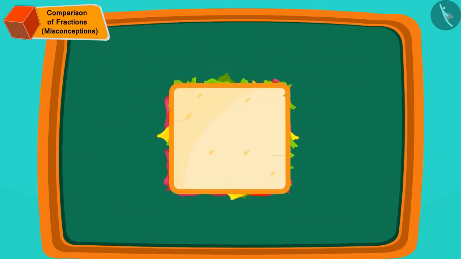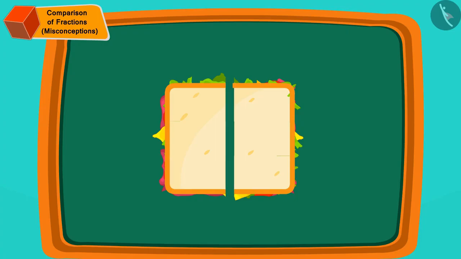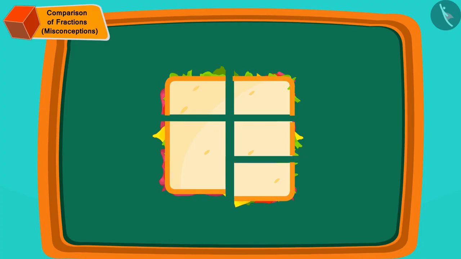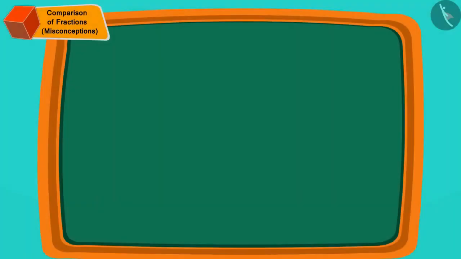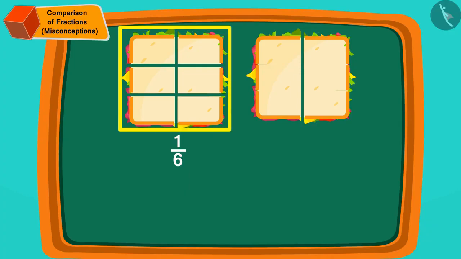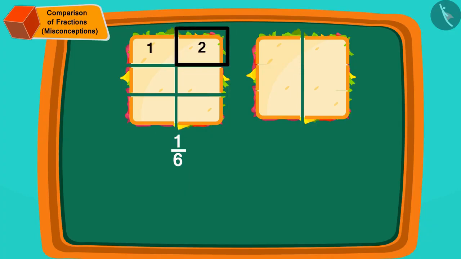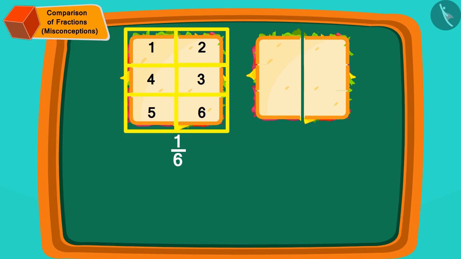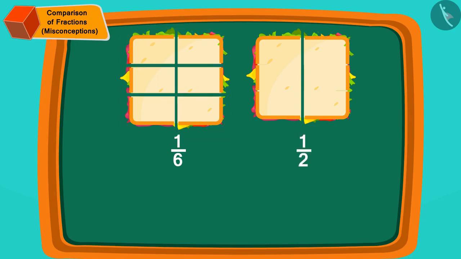Children, if we divide any object into equal parts, as we increase the total number of parts, they become smaller and smaller. Similarly, in 1/6, we have made a total of 6 pieces of the sandwich, whereas in 1/2 parts, we have made only 2 parts.